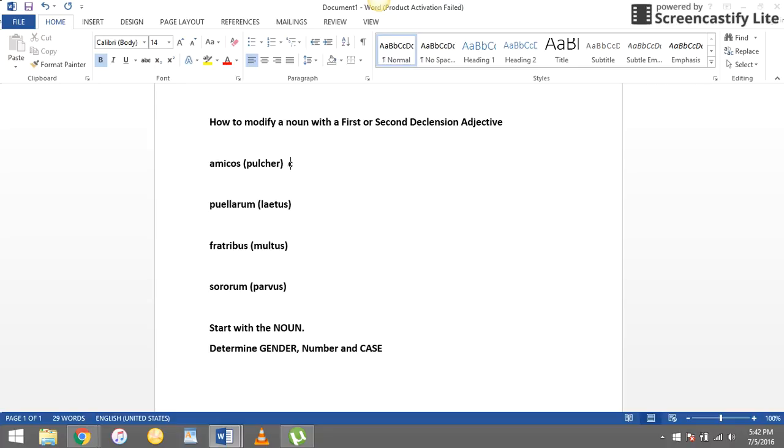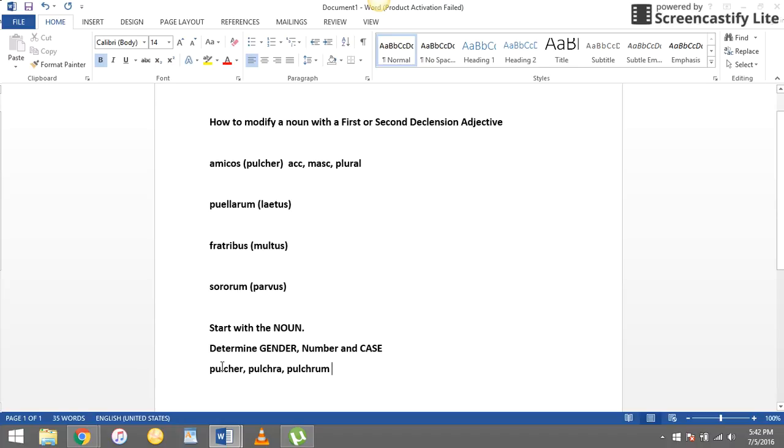So let's write that down. Accusative, masculine, and plural. Now we need to make our adjective pair also masculine, accusative, and plural. So how do we do that? Well, we use the same endings. Pulcher is listed in your vocab as pulcher, pulchra, pulchrum.